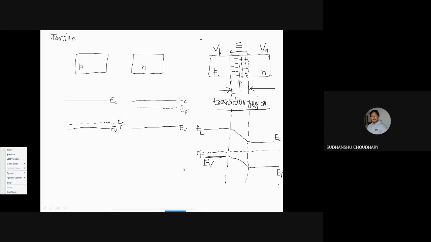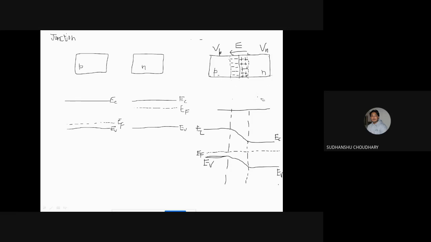So this way I can modify the energy band diagram, right? So the complete energy band diagram of this device would look like this. Okay. So obviously, if I have an electric field profile like this in a semiconductor, maybe I'll erase now a few more things.